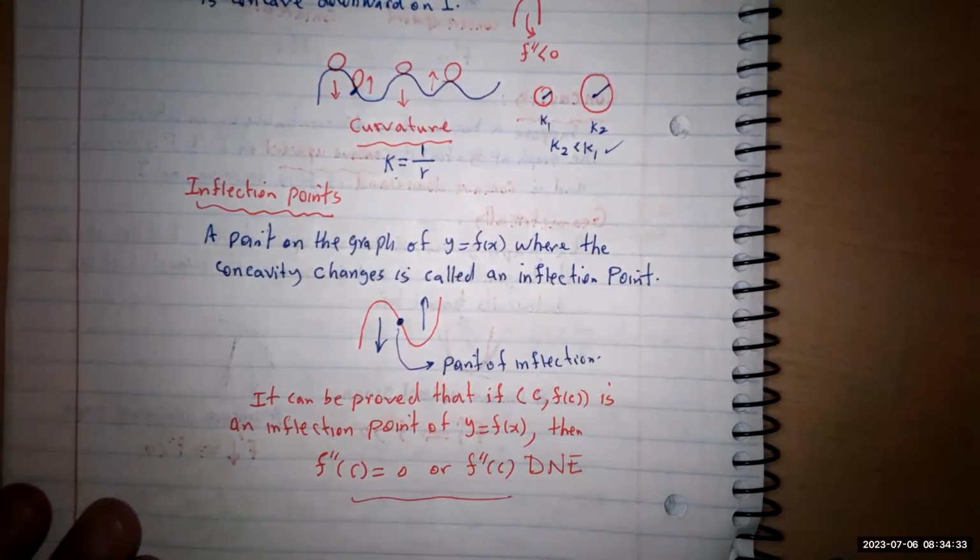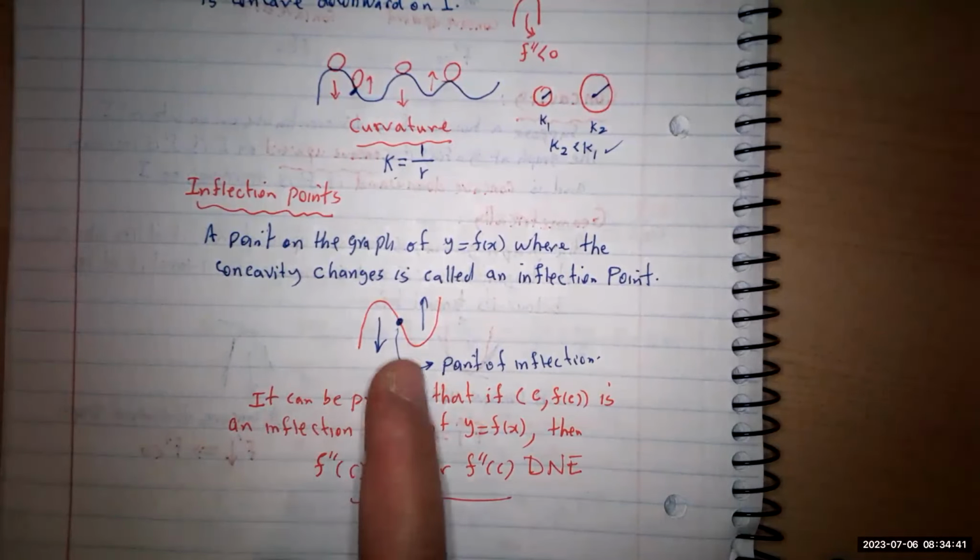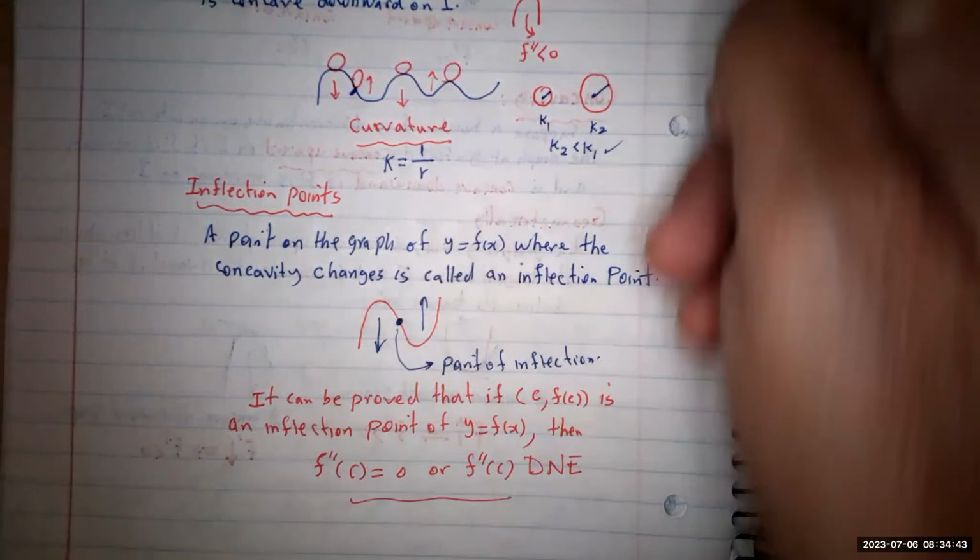It's like the critical point that you use. Remember, f prime of C equal to 0, or f prime of C does not exist. It's the same thing, but you have to find it with this chart that we have.